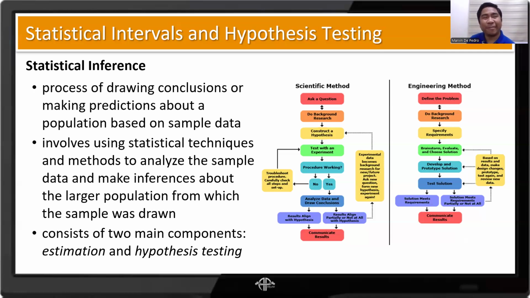We just subtract that, and that would be our minimum or lower limit, and when we add that 5%, that would be our upper limit.